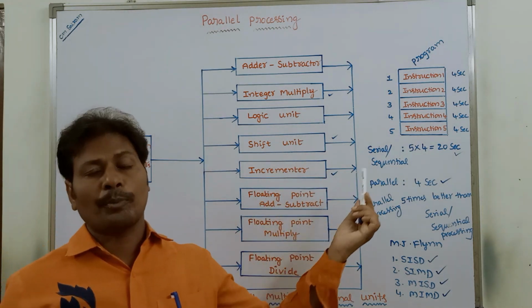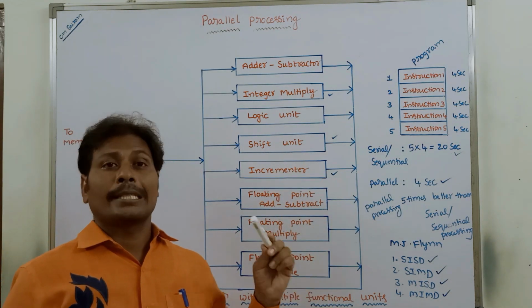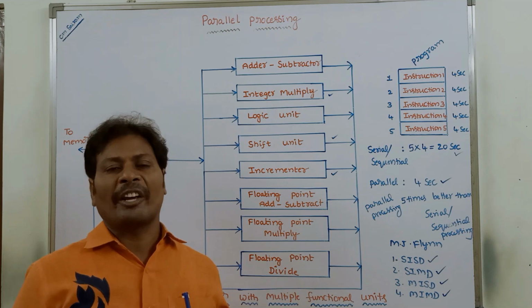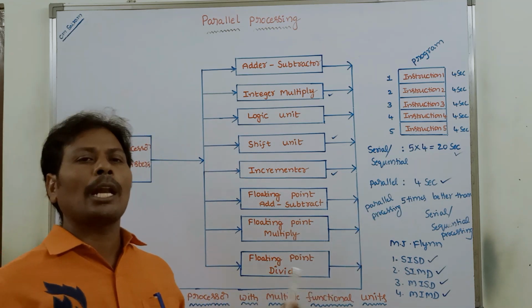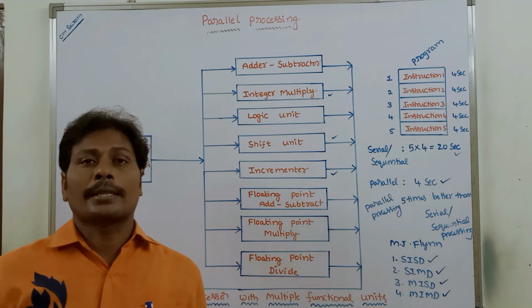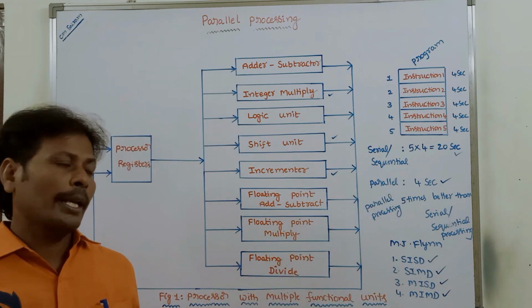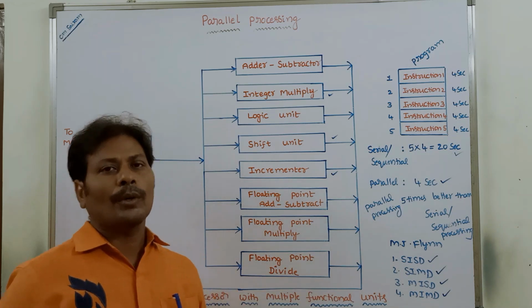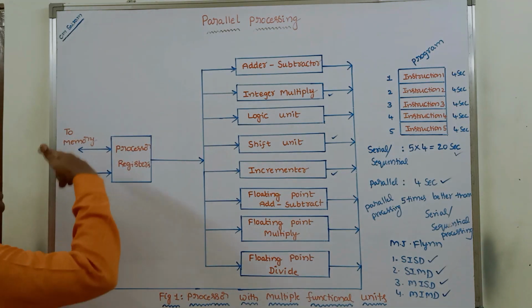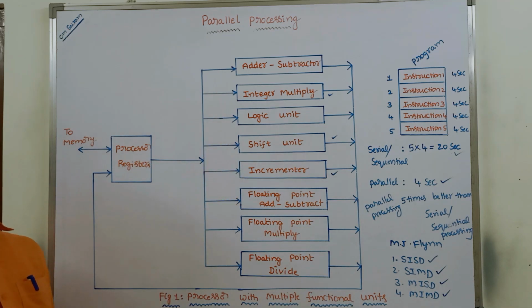How sequential processing has poorer performance when compared to parallel processing. That means how parallel processing is better than serial or sequential processing. How MJ Flynn classifies the computers. Okay, so this is the description about parallel processing.